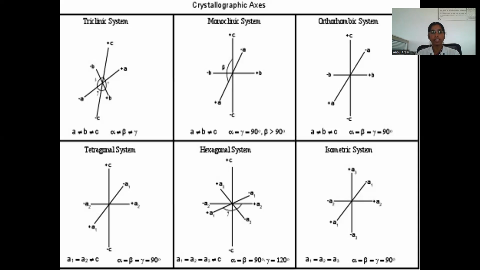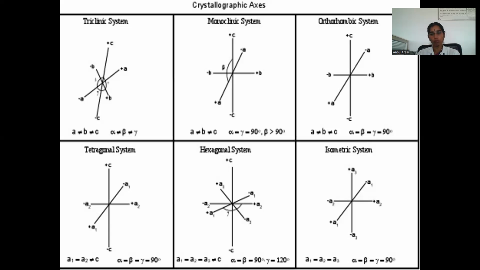That is hexagonal system. Finally, isometric system. An isometric or cubic system is characterized by 3 imaginary crystallographic axes, that is A1, A2, A3, which are equal in length and mutually perpendicular to each other.